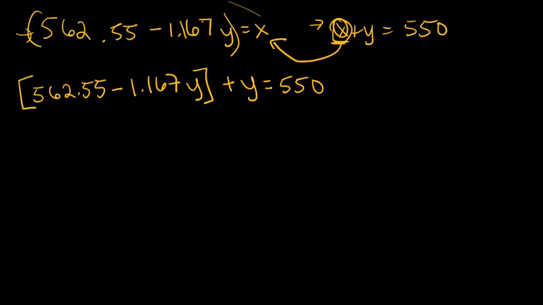Let's see, what do we do next? I have two y's and then I have two numbers, just two constants. Well, let's try to isolate everything again, just like we did earlier when we tried isolating x.